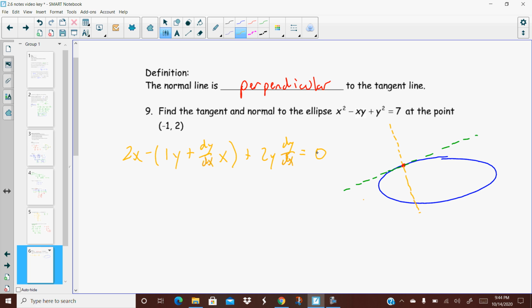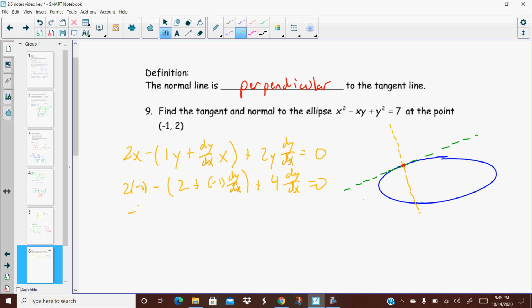Okay, again, I need to find the derivative at the point -1, 2. So let's go ahead and plug in -1 and 2 for my x's and y's. So we're going to get 2 times -1 minus 1 times 2 is 2, plus, we're going to get -1 dy over dx, plus 2 times 2 is 4 dy over dx equals 0.